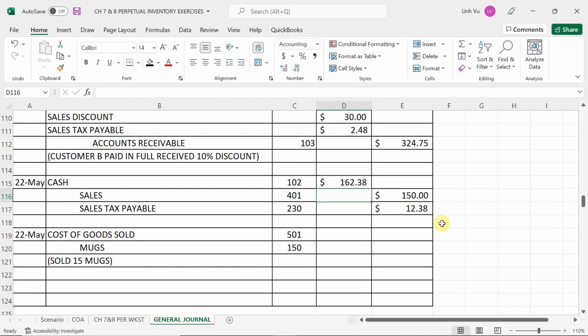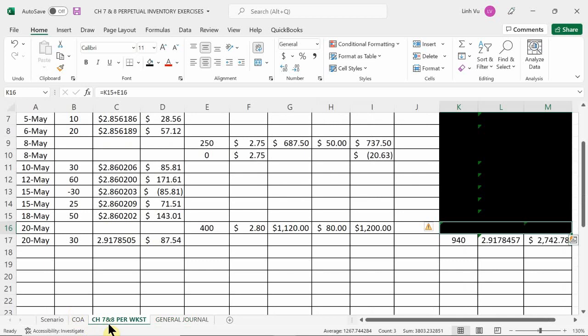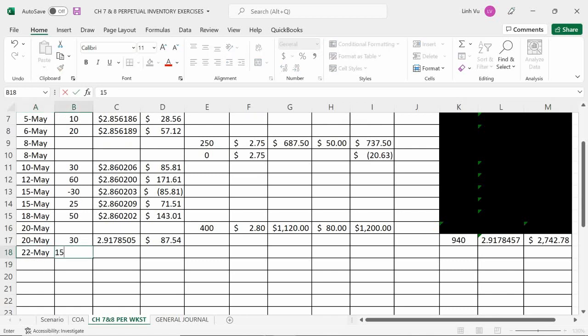Okay. We need to go to our inventory worksheet to once again figure out how much it's going to cost me to sell those 15 items. Okay? All right. So it is May 22nd. We sold 15 units, right?